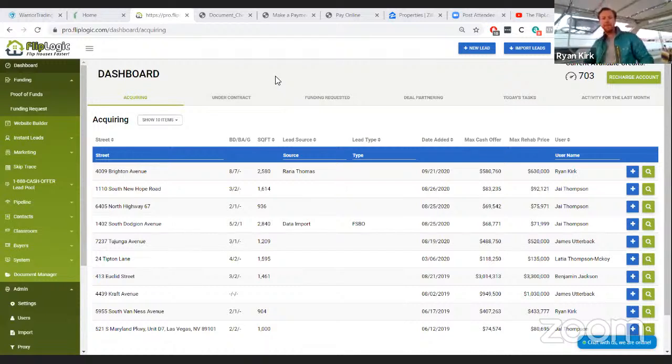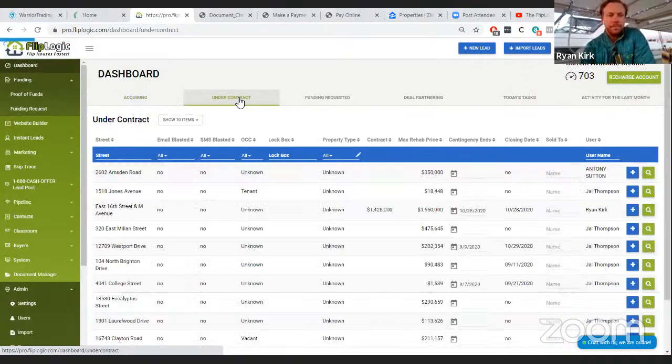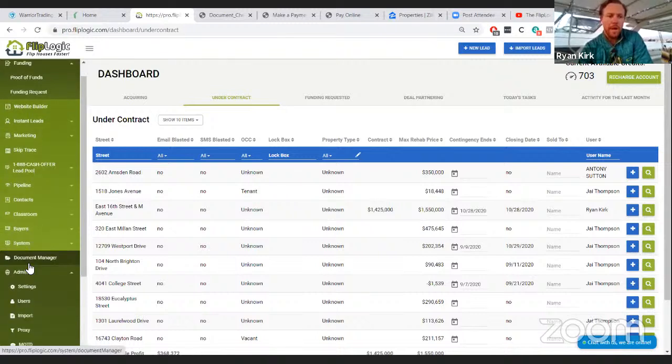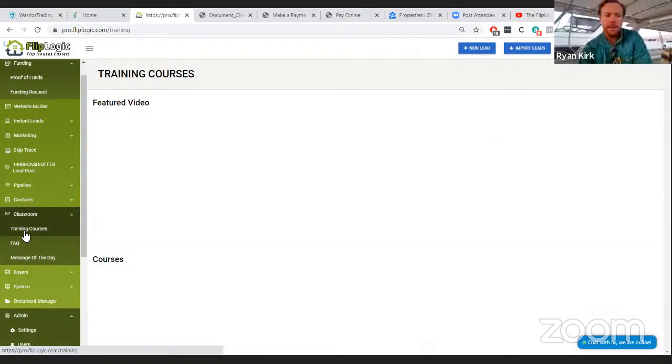some new cool things about FlipLogic that I love that we recently added to the system. One of the cool features that I think really help make things happen: if you're trying to look at how to get started or how to navigate the system, there's no better place than the classroom.